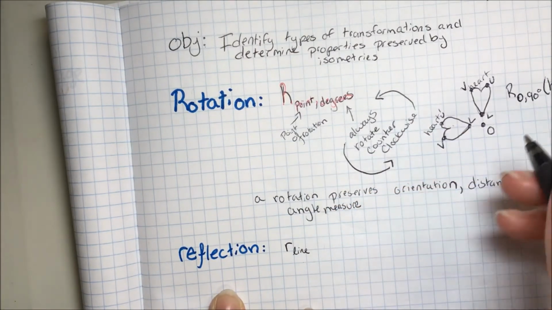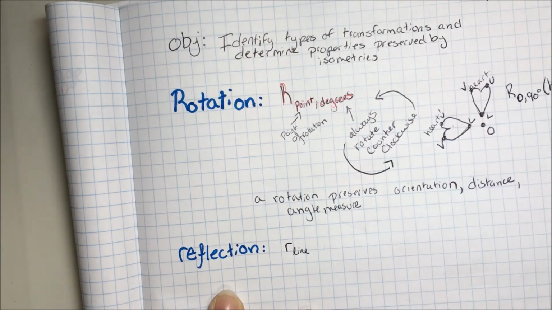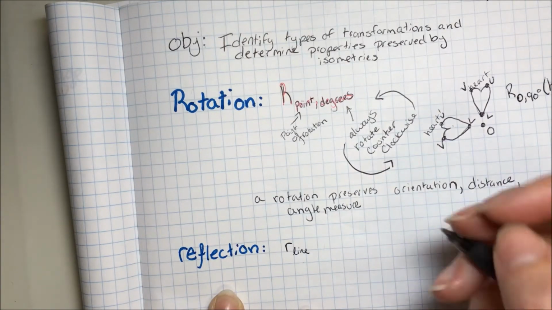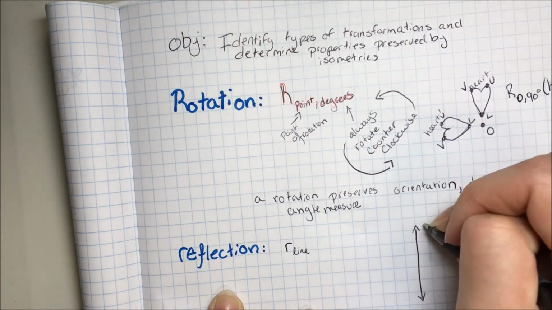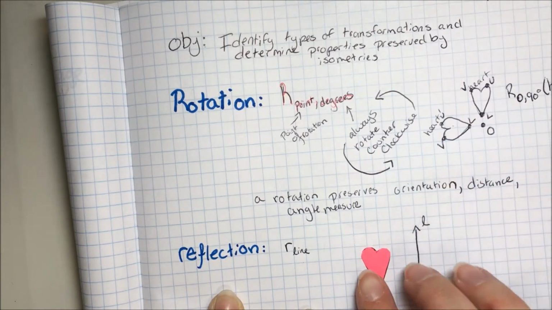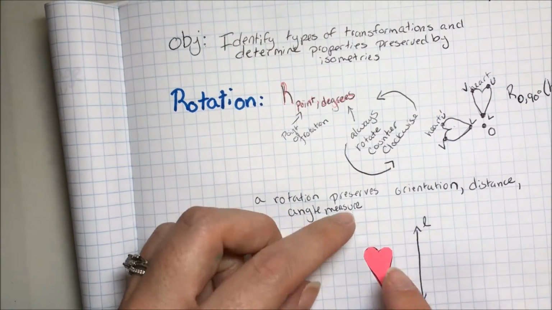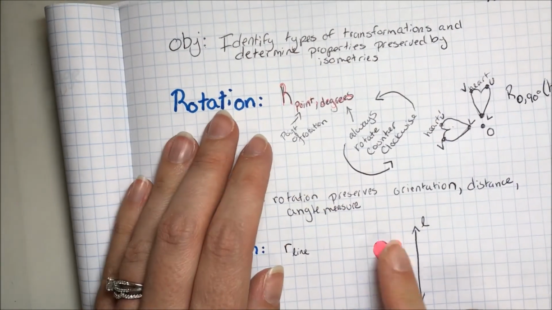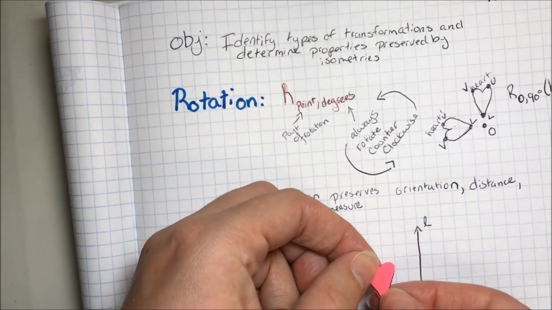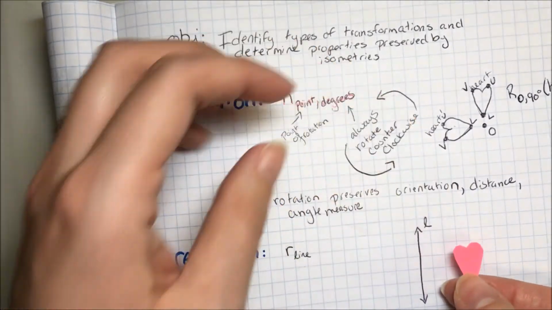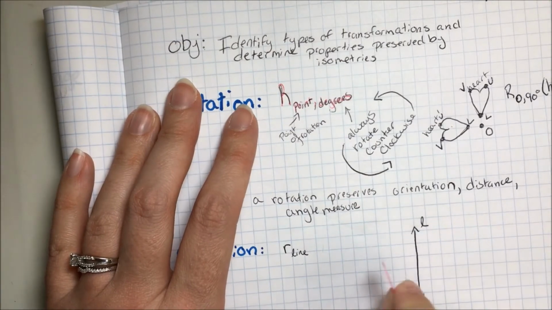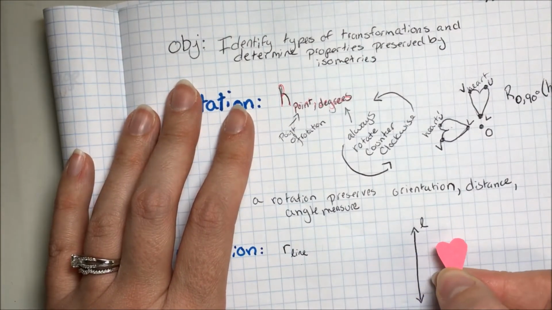So let's say I was going to reflect my heart again over line L. So I'm going to take my heart and reflect it over line L. It's going to flip over. And it's going to end up oriented in the opposite way, so almost like you're looking in the mirror.